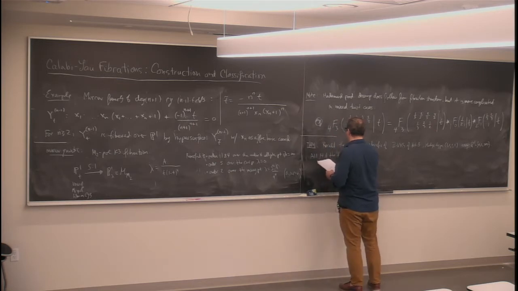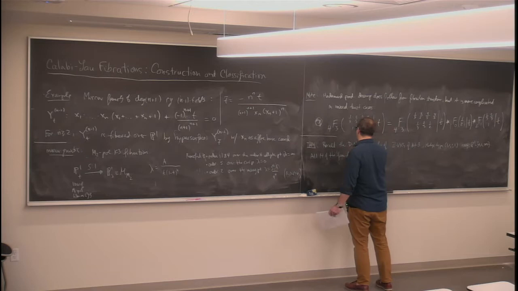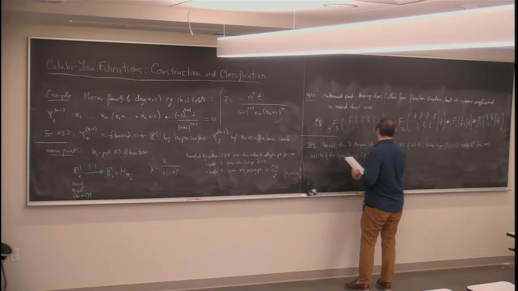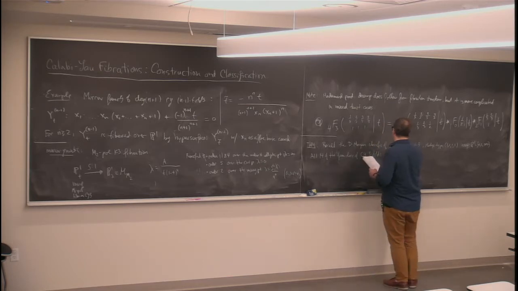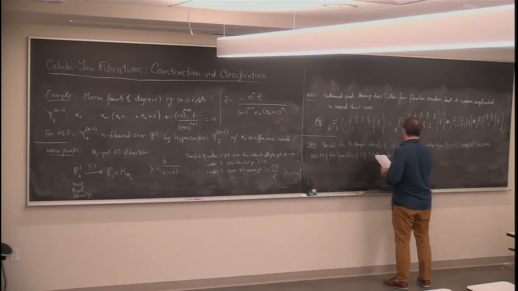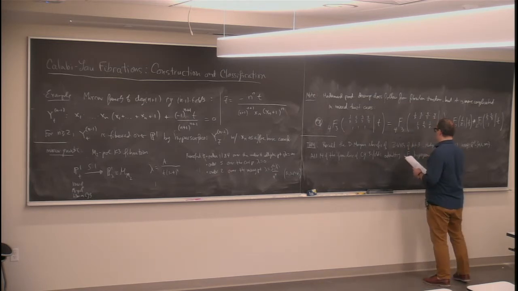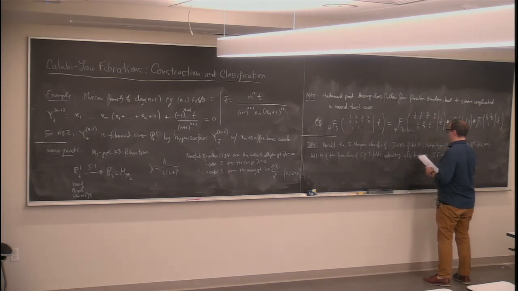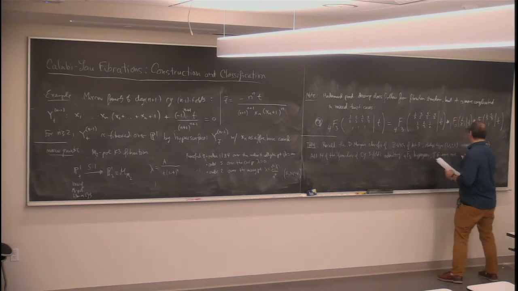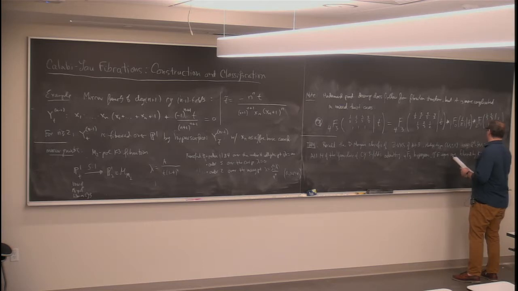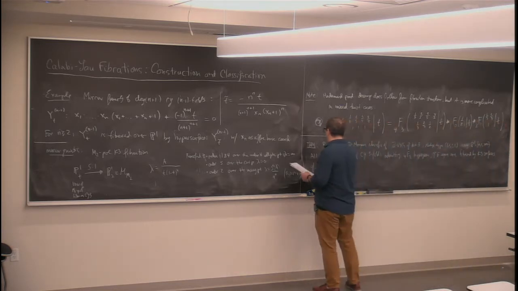So what I'm going to say here is that all 14 of the families of Calabi-Yau threefolds admitting 4F3 hypergeometric Picard-Fuchs equations are in fact fibered by K3 surfaces of high Picard rank.